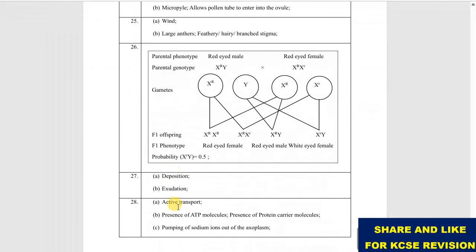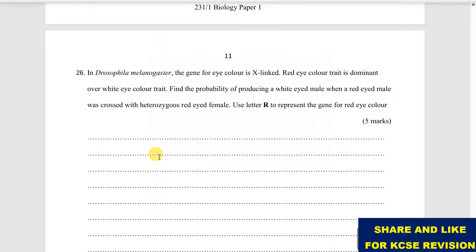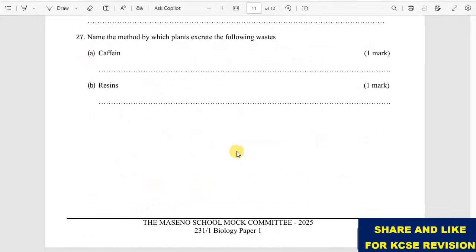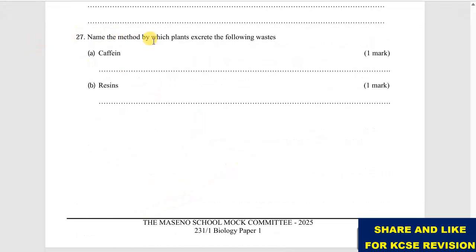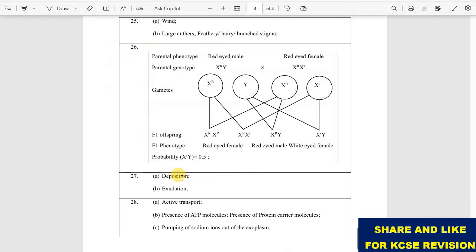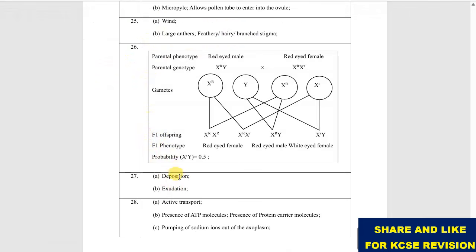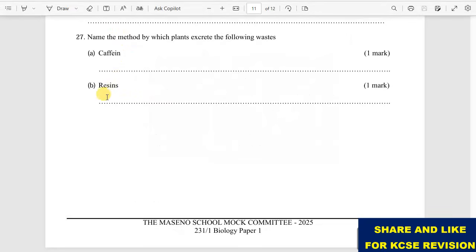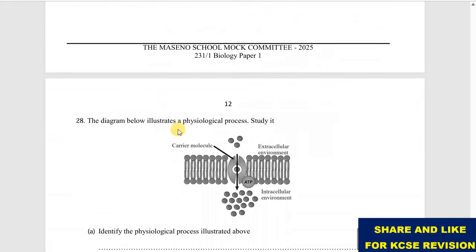Probability is 0.5. Number 27. Name the method by which plants excrete the following wastes: caffeine, resins. For caffeine, it is deposition. For resins, it is exudation.